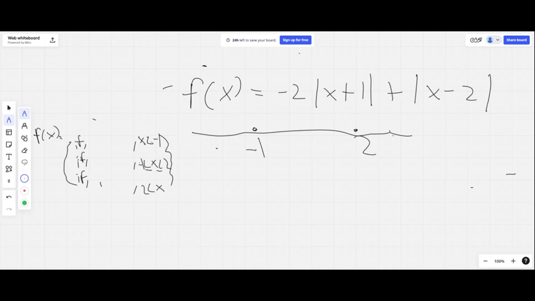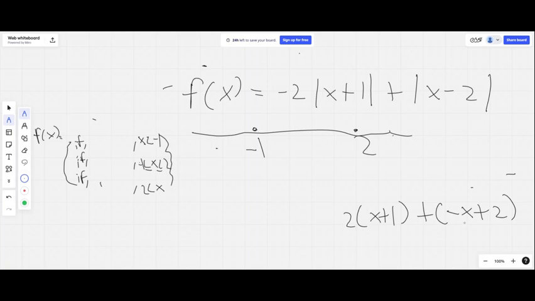What I would do is plug in a number less than -1. Let's go with -2. The inside is negative because -2 plus 1 is negative, and -2 minus 2 is also negative. So we solve this algebraically, but we replace each absolute value by making the entire thing negative. To make this negative, I would just add a negative sign on top, which gives 2 times x plus 1 plus minus x plus 2.